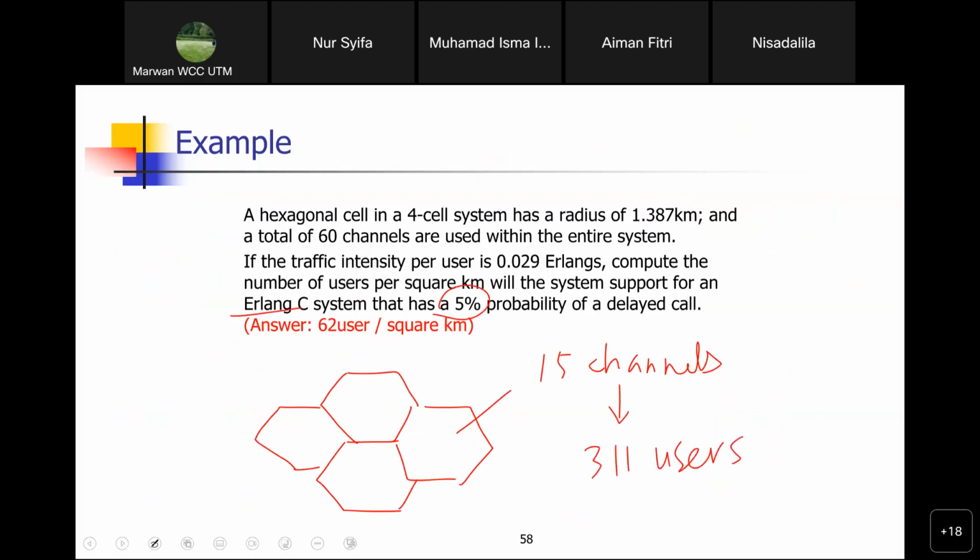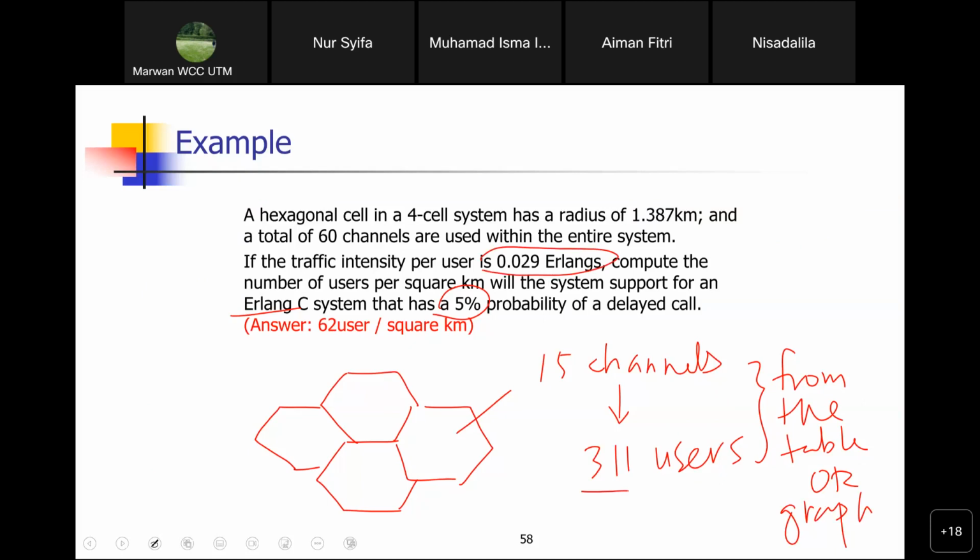How to get 311 users? From the table or graph. You need to find the Erlang first for the trunking, divide by the Erlang per user, then you should get 311. So with 15 channel Erlang trunking, the objective of today's class, you can serve 311 users.